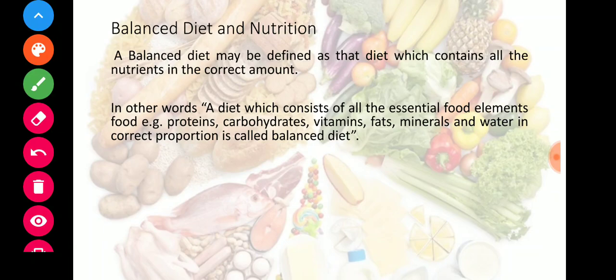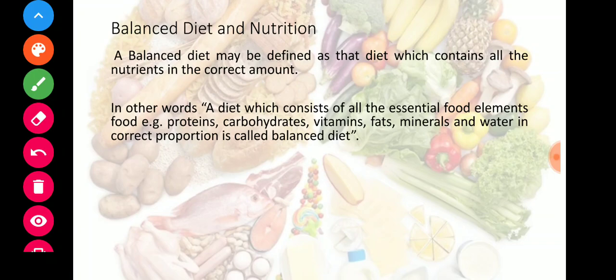In other words, a diet which consists of all the essential food elements like proteins, carbohydrates, vitamins, fats, minerals, and water in correct proportion is called a balanced diet.